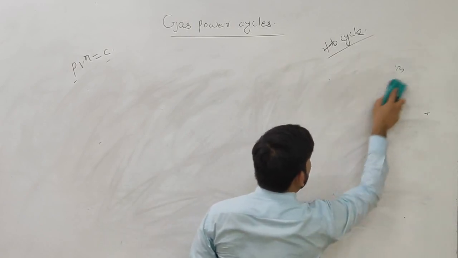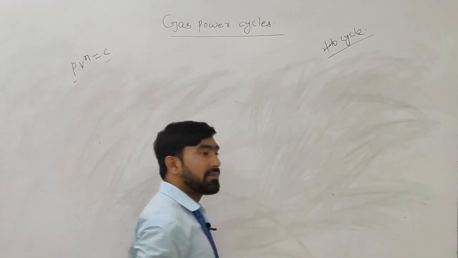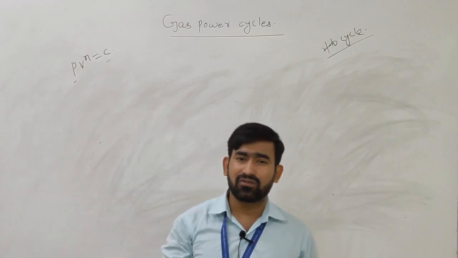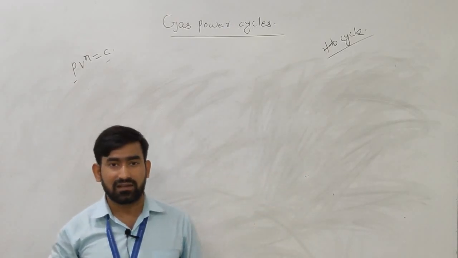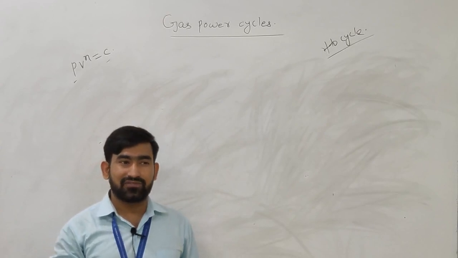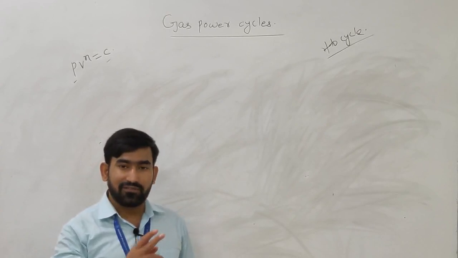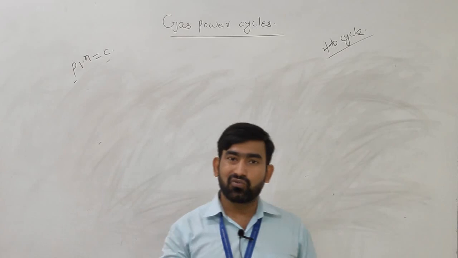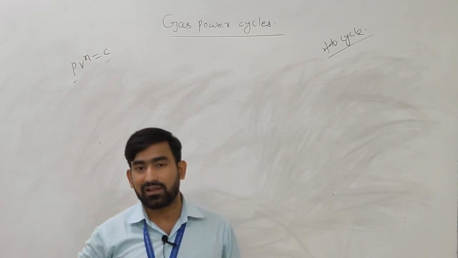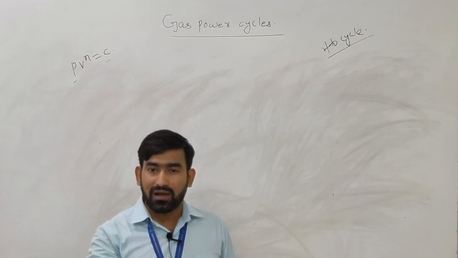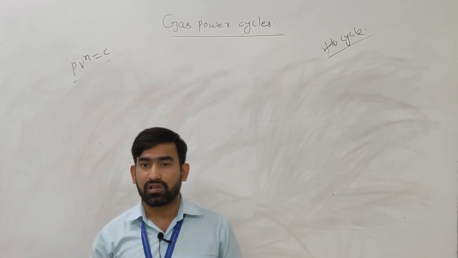But before going further, we need to remember what those processes in Diesel cycle and Dual cycle are. So in case of Otto cycle, we have seen that there are four processes where two isentropic processes are there and two constant volume or reversible isochoric processes.